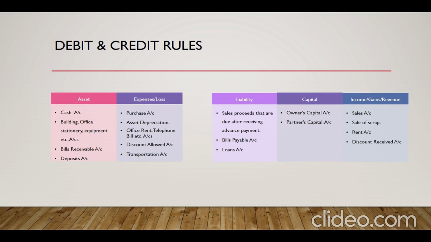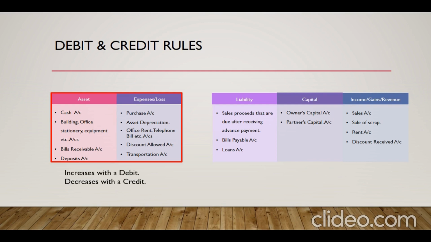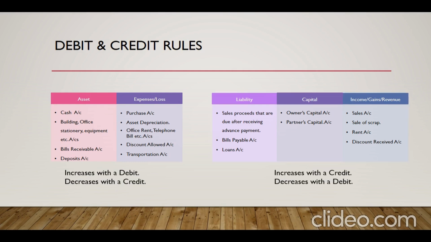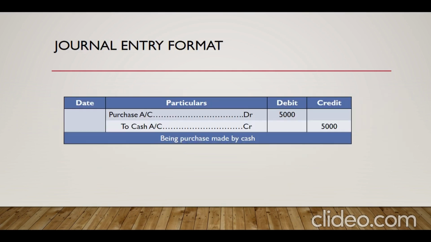So remember this chart of categories and the accounts. The accounts that fall under assets and expenses increase with a debit and decrease with a credit, and the accounts that fall under liability, capital, and revenue increase with a credit and decrease with a debit. So considering these rules, we debited the purchase account because we know that expense accounts increase with a debit.